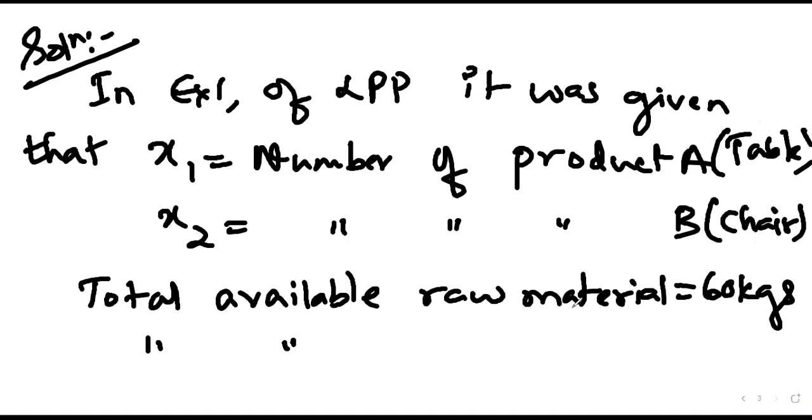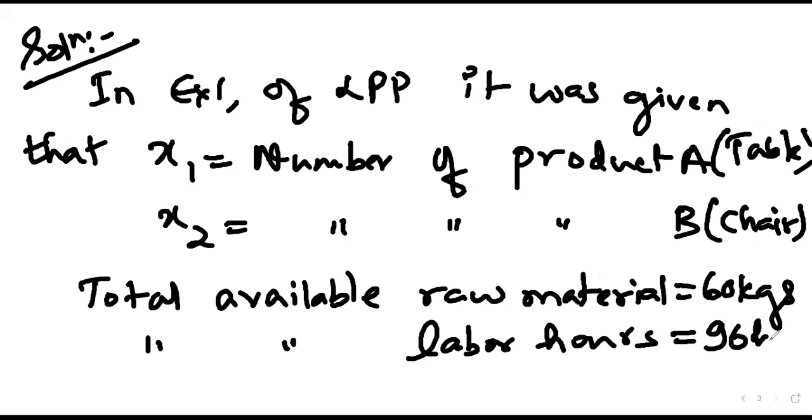Total available raw material, only raw material was given. So all these constraints were given.